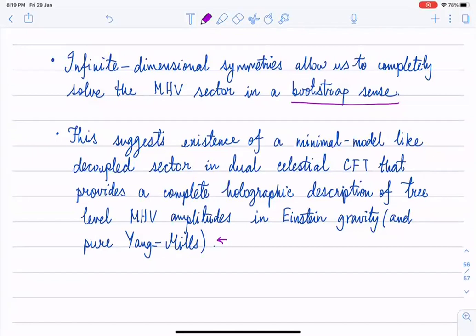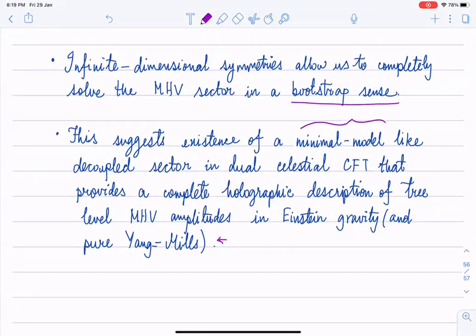I'm saying minimal model like in the sense that this sector is completely solvable, and decoupled in the sense that it is completely determined by a certain class of symmetries. This decoupled sector in the celestial CFT provides a complete holographic description of tree-level MHV scattering amplitudes in Einstein gravity and in Podolsky angles theory.